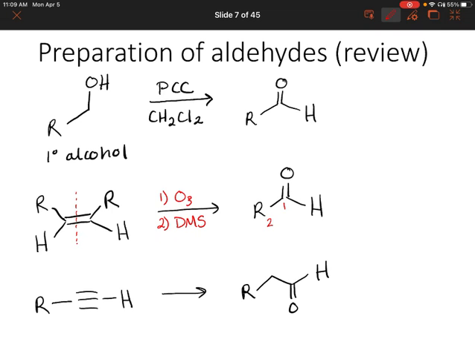What about our alkyne? How do we convert that into an aldehyde? So let's count our carbons. Our product has 1, 2, and then we'll just say that alkyl group is 3. So 1, 2, 3. Okay, so it looks like, let's see, do we have a Markovnikov or anti-Markovnikov addition here?